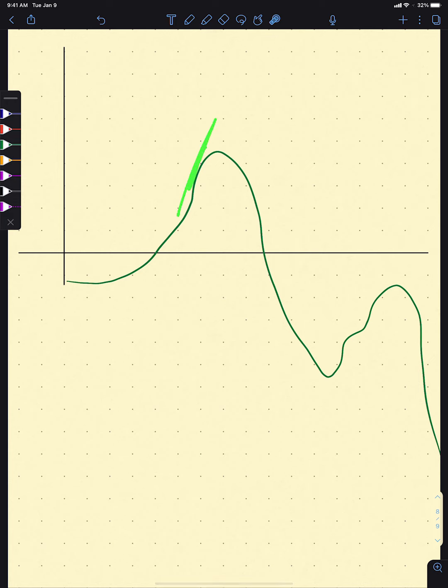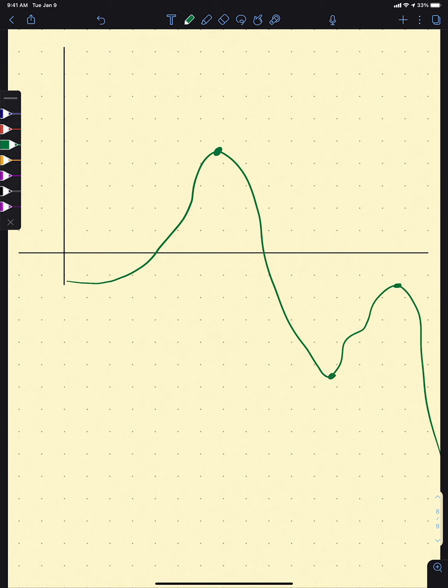our function is increasing and here our function is decreasing, and we can use our derivatives to look for increasing and to look for decreasing. What we can also have it look for are these high points and these low points.